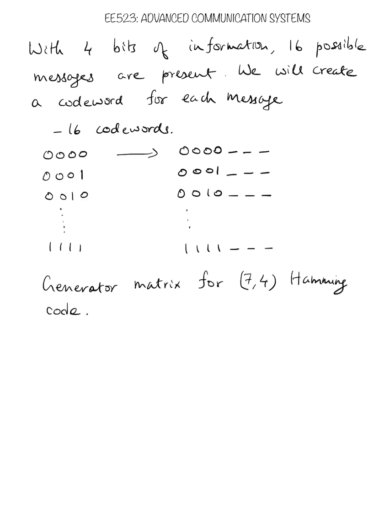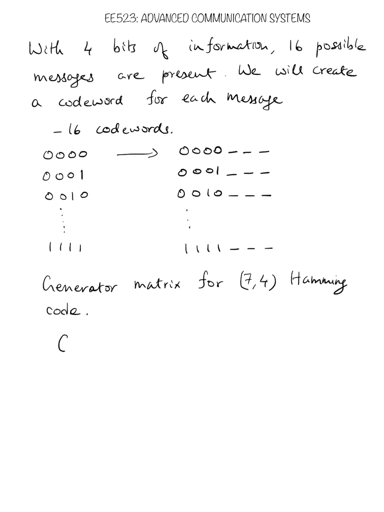So what we do is we take these message bits and multiply the message bits with the generator matrix. That will produce the code word. So let us see what the generator matrix looks like for the 7/4 Hamming code.